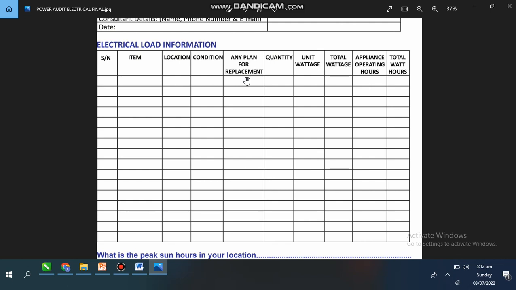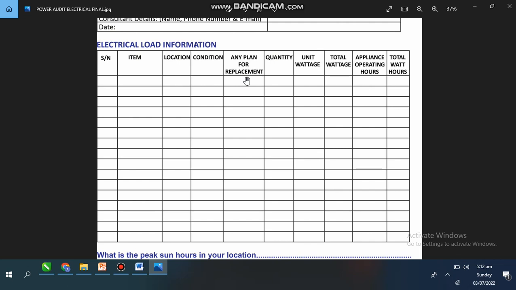That means you will not capture it in your design when you are designing the system. But if he or she will make use of that electrical load when you finish installing the solar system, you have to include it in your calculation, bearing in mind that he will replace it and still make use of it. Or if he will change it, maybe go and buy another electrical load, you have to ask.